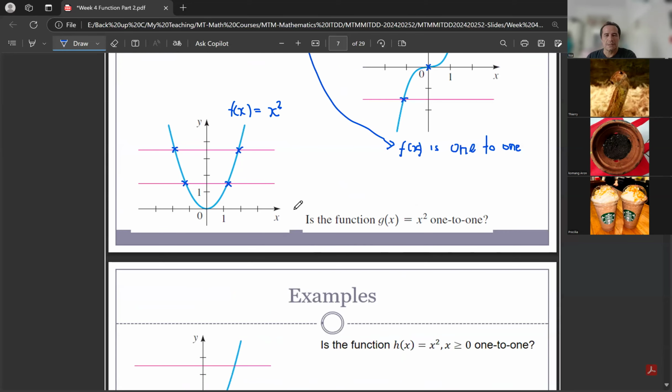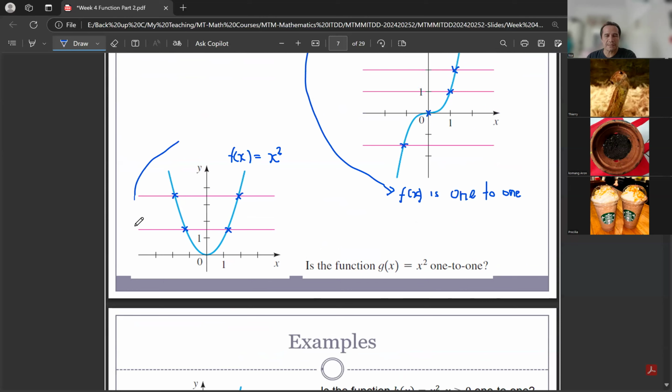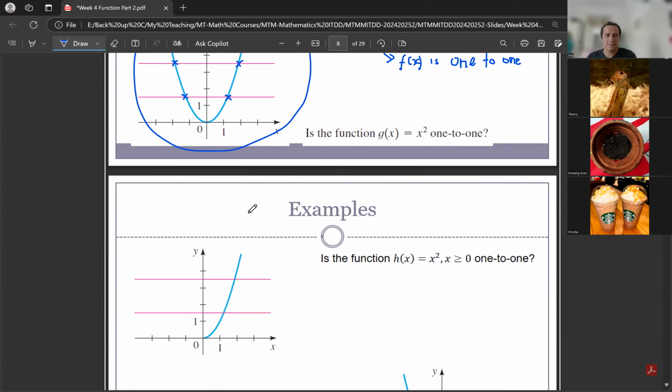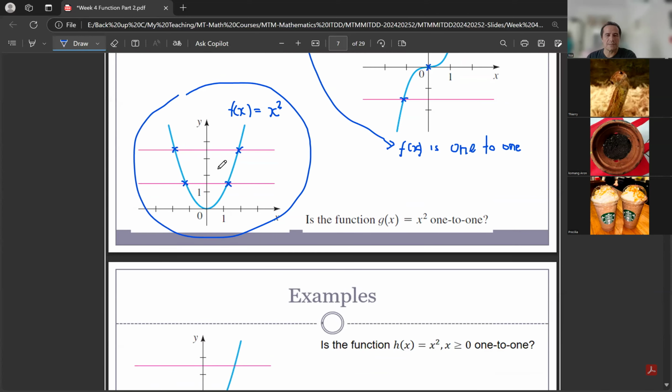This function, as we look from the horizontal line test, is not a one-to-one function, but we can make a one-to-one function from the not one-to-one function.